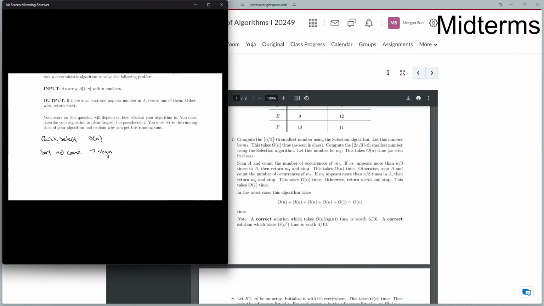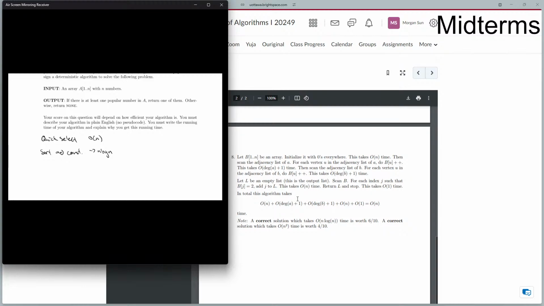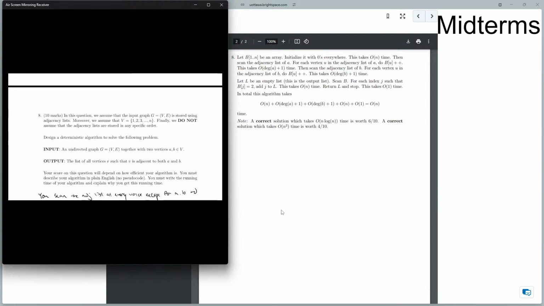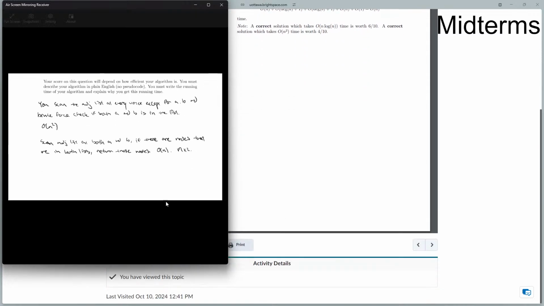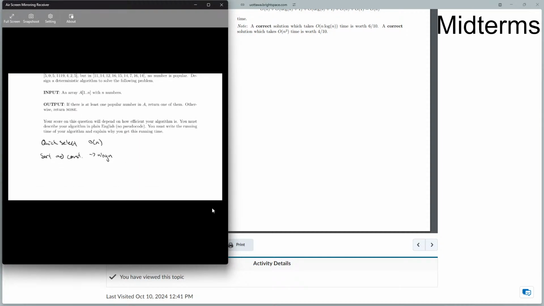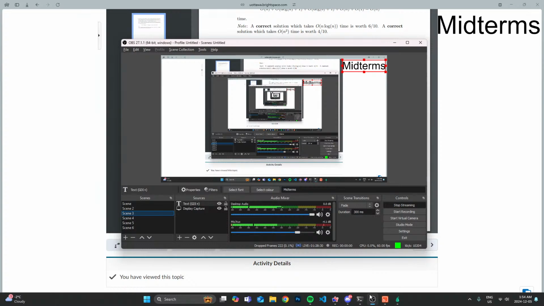But yeah, you use quick select here. Yep, oh, and then you check both adjacency lists at A and B, so that's true. Okay, that's done. Wow, I kinda stink. What the heck?